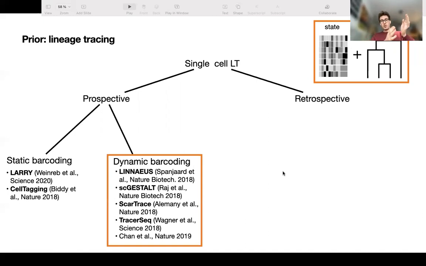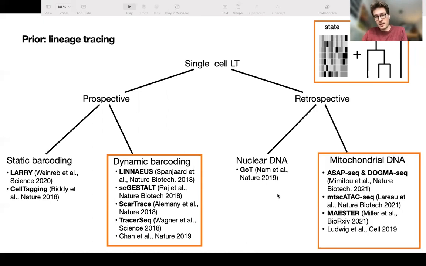So barcodes accumulate mutations as development goes on, so you get increasing barcode complexity. And on the retrospective side, this can be done either in the nuclear DNA, or in mitochondrial DNA. I'm just highlighting some methods here, but this is not comprehensive. There are many more. There are orange boxes around dynamic barcoding and mitochondrial DNA, because these are the two settings we are targeting in this project.